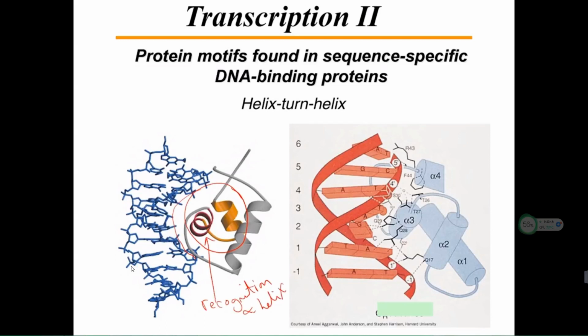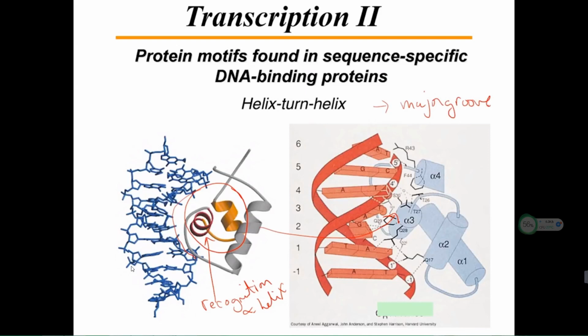And again, you can see it more at the molecular level in this side figure. And these interactions, remember, are occurring through the major groove of the DNA, the double-stranded DNA. Okay? So again, we're getting interactions with the Watson-Crick base pairs through the functional groups that are associated from the amino acid side chains that project out of the recognition helix.